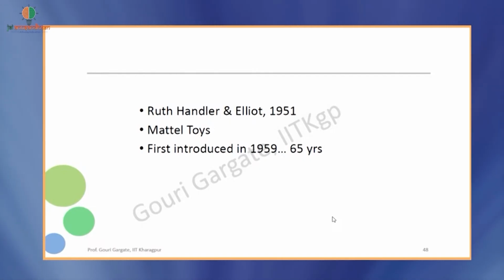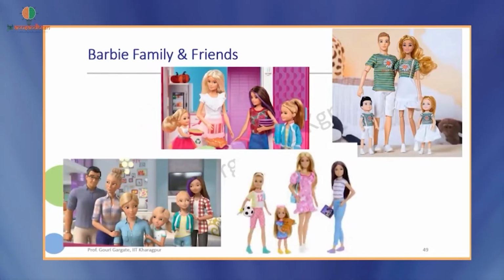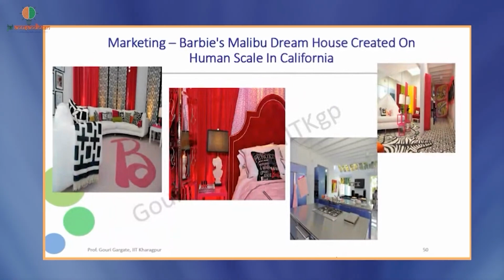And you can see how strategically Mattel Toys has marketed this particular Barbie. They have extended the doll with family and friends. Barbie has sisters, friends, a boyfriend, and her own house.